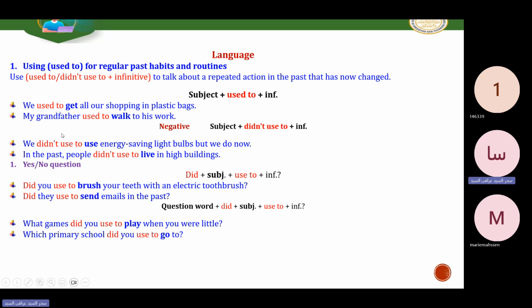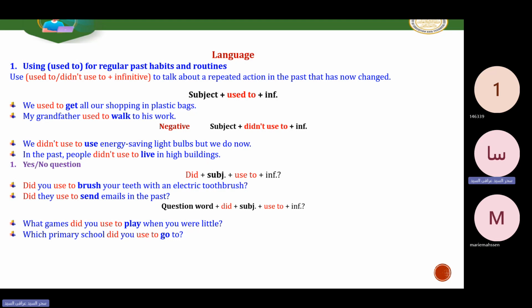Okay. Look here. We didn't use to use energy saving light bulbs, but we do now. This means in the past we used energy saving light bulbs a lot? No, we didn't use them, but now we do. Okay, in the past, people didn't used to live in high buildings.